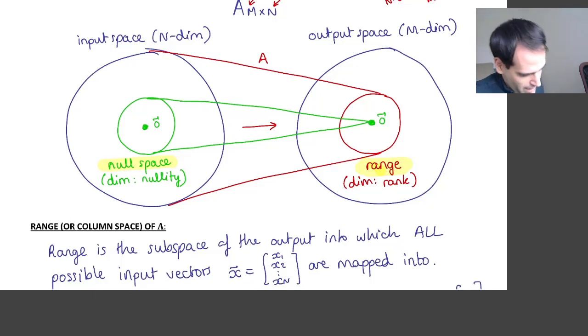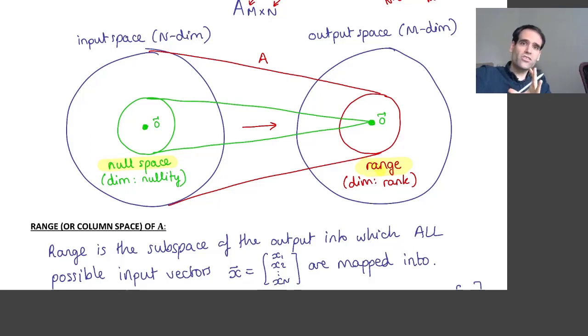So in some way, you could say that the dimension of the range, the rank, must be smaller than or equal to the entire input space, right? That makes sense because you start with a certain input space, and either you map vectors one to one when the determinant of the matrix is not equal to 0, in which case the number of dimensions should stay the same because every vector in the input is mapped to a single vector in the output.